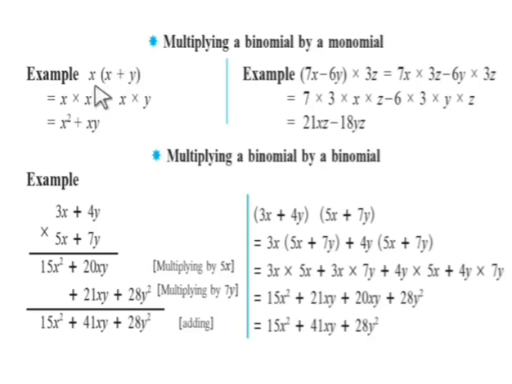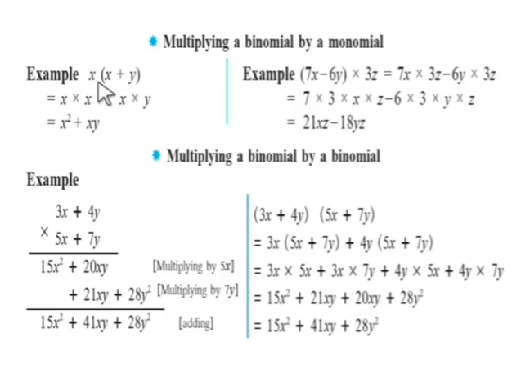In such a case we will multiply the monomial that is written outside the bracket with each and every term of the binomial. That is, this x will be multiplied by the first term of the bracket, then we will put the same sign. Then again this x will be multiplied with the second term that is given in the bracket, and you will get the second term.